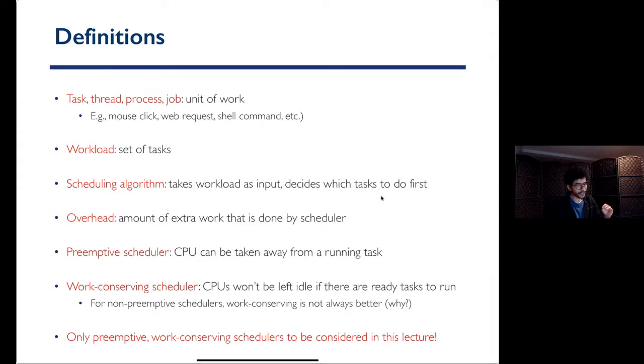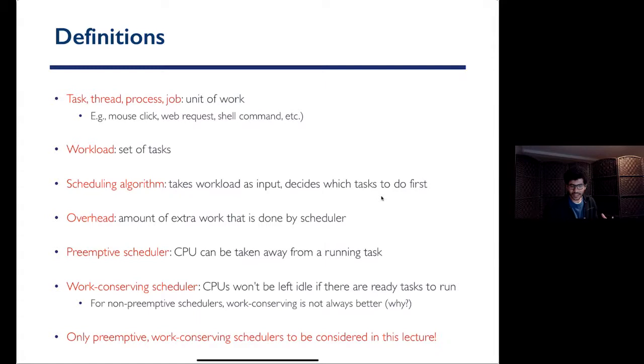Now, the other category that we can think of is work conserving versus non-work conserving schedulers. A work conserving scheduler is a scheduler that schedules a task right after the CPU gets idle. So it doesn't leave the CPU idle at all. If there are tasks to be run and there is a CPU idle, then schedule a task.